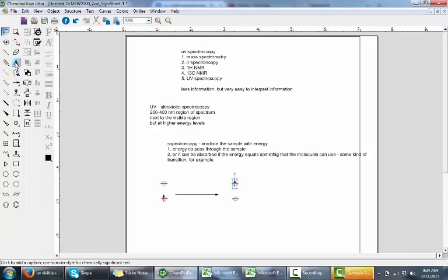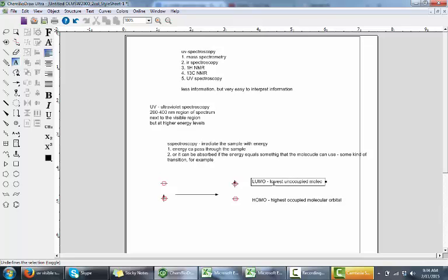Alright, and we can refer to these low and high energy states as a HOMO and LUMO, respectively, and I'll tell you what those mean. So the HOMO stands for the highest occupied molecular orbital, and the LUMO stands for lowest unoccupied molecular orbital. So again, let's put in another electron here.